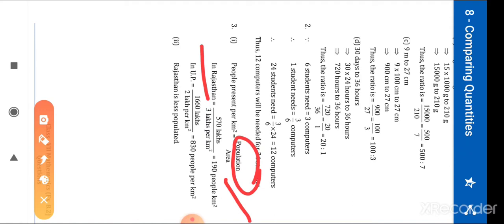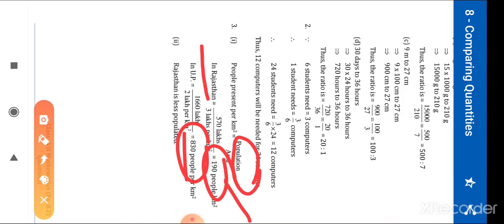So people present per kilometer square is equal to 190 people per kilometer square. Similarly, we can find the people present per kilometer square in UP. After comparing both the states, we can easily conclude that Rajasthan is less populated than UP.